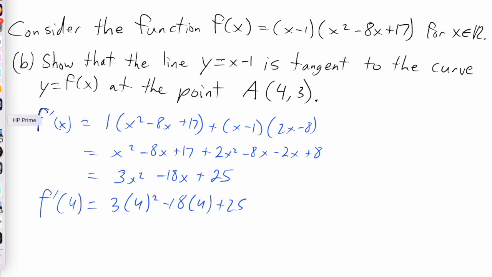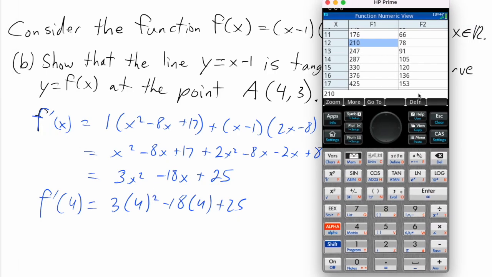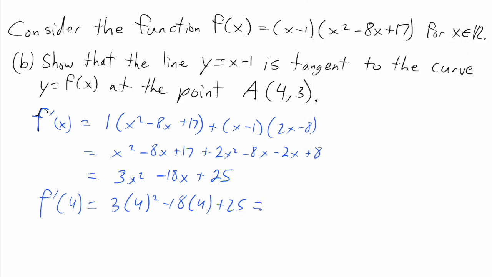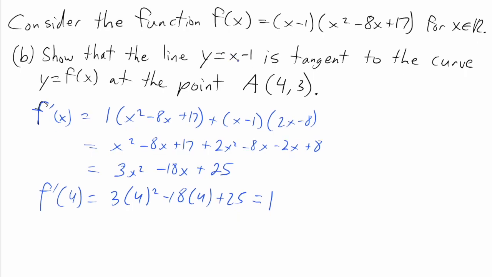And let's use our calculator for that. 3 times 16 minus 18 times 4 plus 25. We get 1, which is what it's supposed to be because the slope of this is 1, right? So now we can get the equation of the line, or actually we can just verify that this point is on both of them.